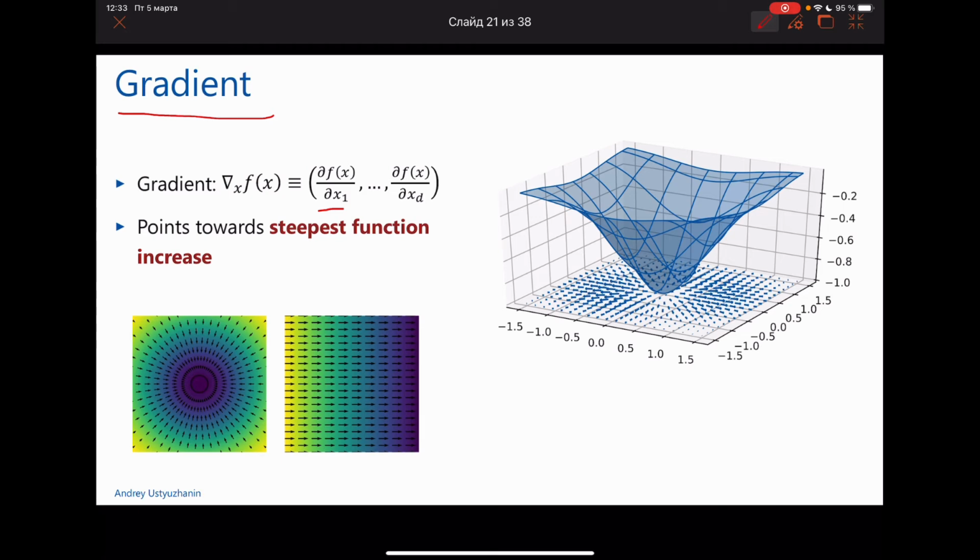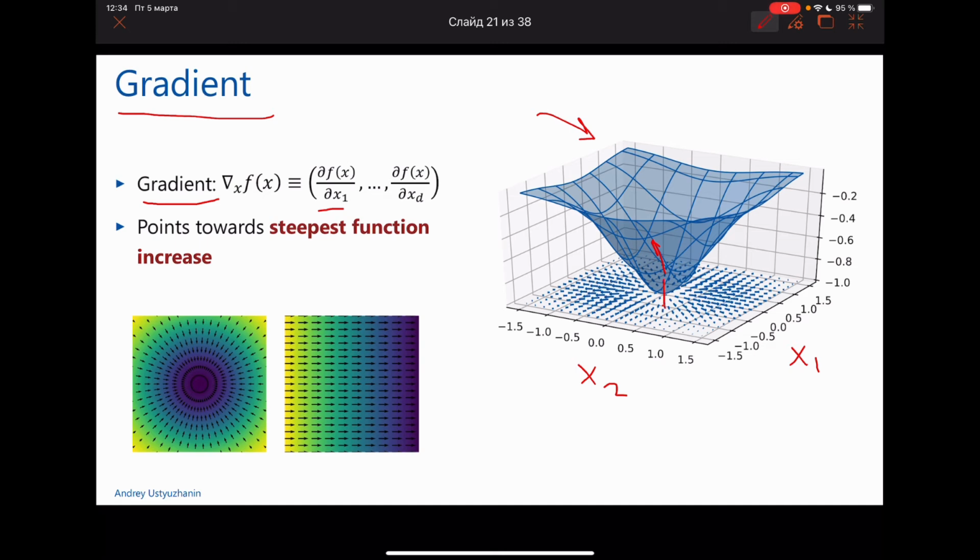And such a vector points towards the steepest function increase. So if you see the function on this picture, and x here is the horizontal plane, in the coordinates x1 and x2, every point in this plane has a vector assigned to it, and this vector points to the increase of this function.